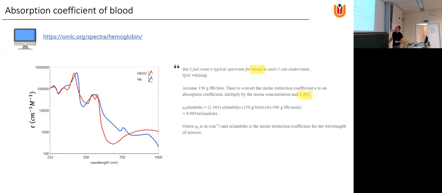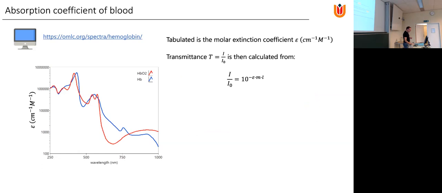And then there's a second peculiar thing in this derivation, this factor over here, 2.3, and that requires a little bit more explanation. The tricky part is that the tabulated data on that site is the so-called molar extinction coefficient, epsilon, which is also on the vertical axis in that graph.